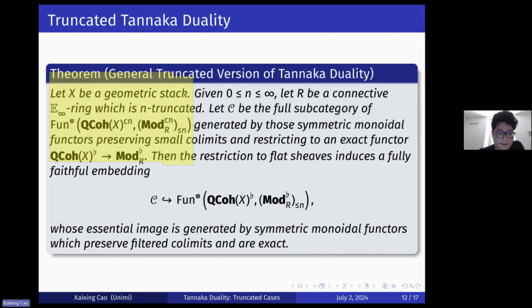We consider this functor category from the quasi-coherent sheaves of X, but we only take the values on the connective objects and to the connective R modules, which is untruncated. And C is the full subcategory of this functor category generated by symmetric monoidal functors preserving small colimits. And also we have the well-defined restriction to the flat objects, which is exact.